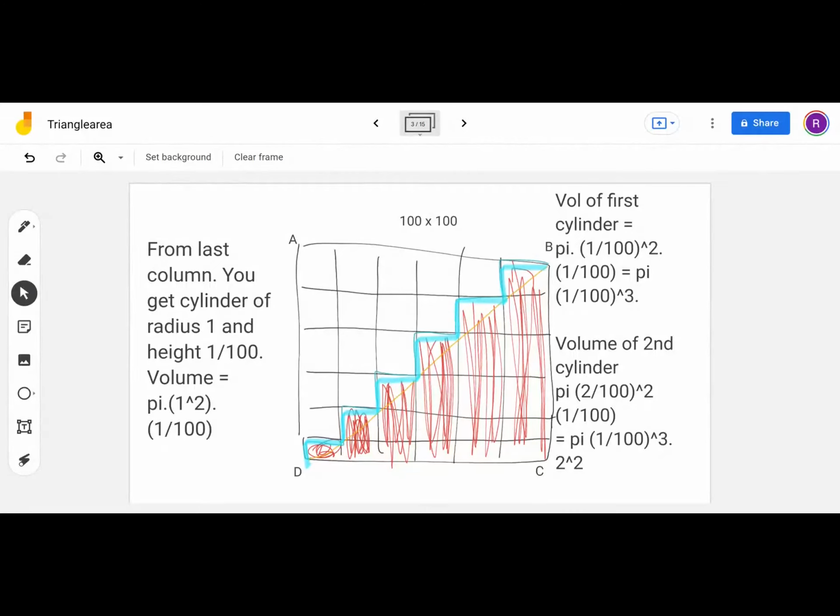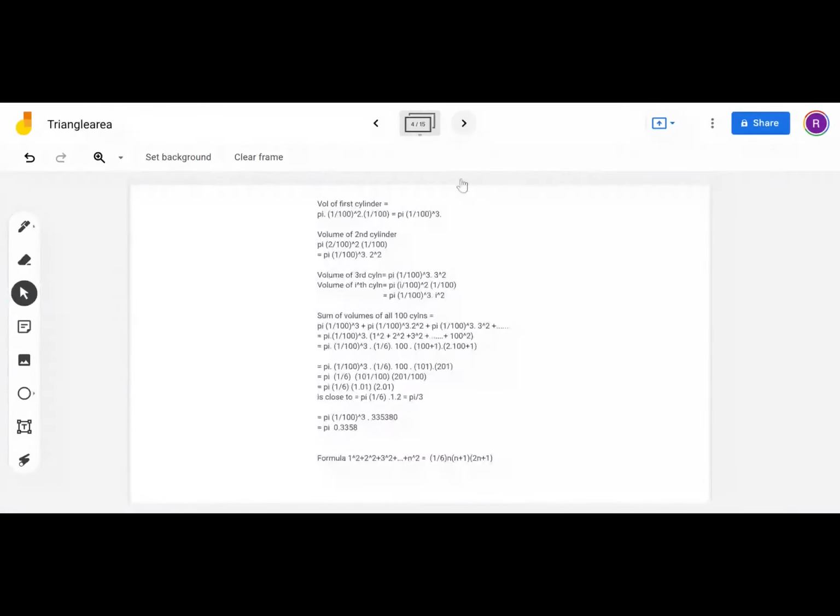So now, Samiksha, tell me, in this calculation that we did, we were taking n equal to 100, right? And with n equal to 100, we were getting this 2.01 and 1.01 here. Now, instead of n equal to 100, if I take n to be bigger, like a million, what will happen to the 2.01 and 1.01?